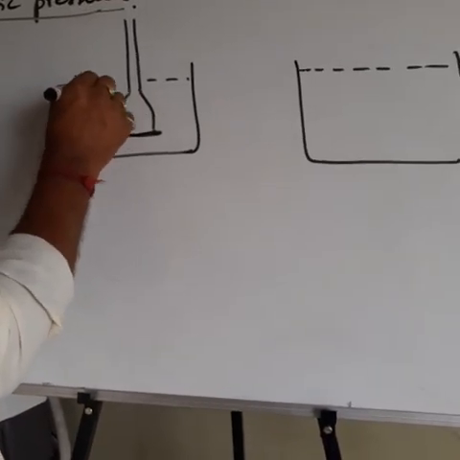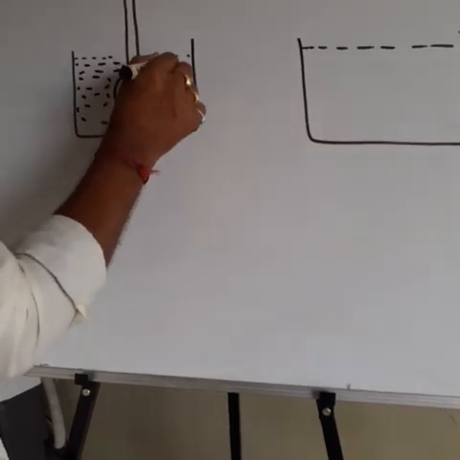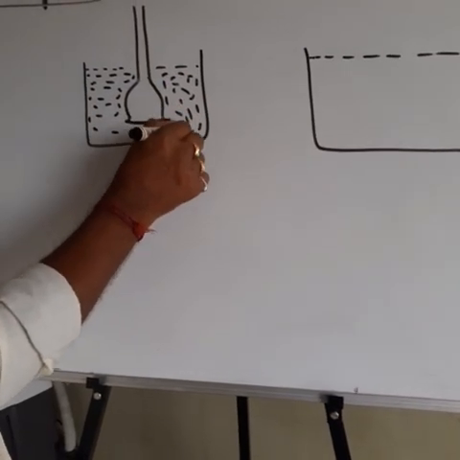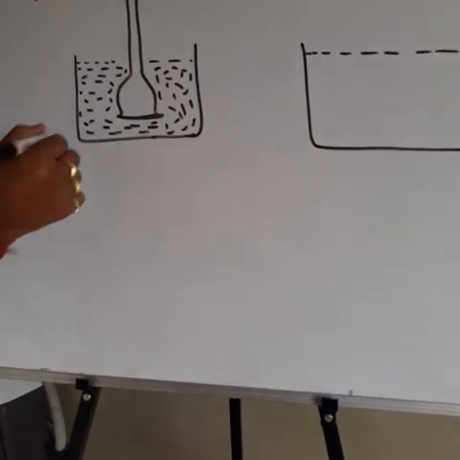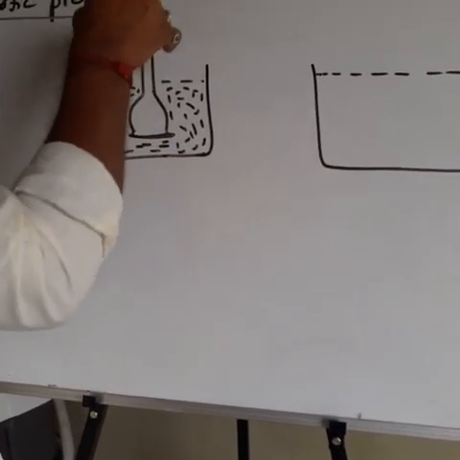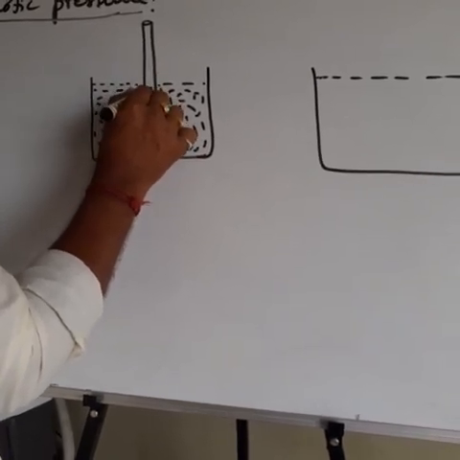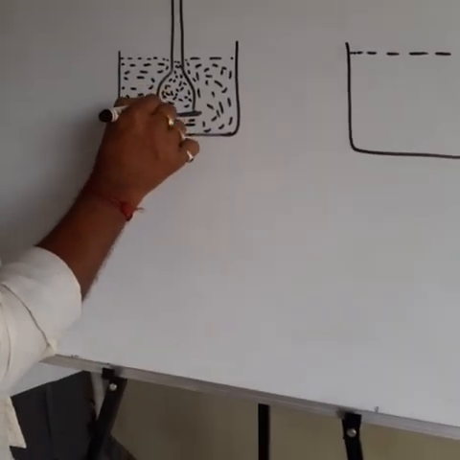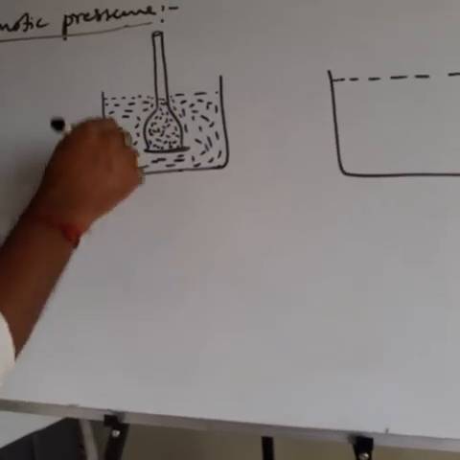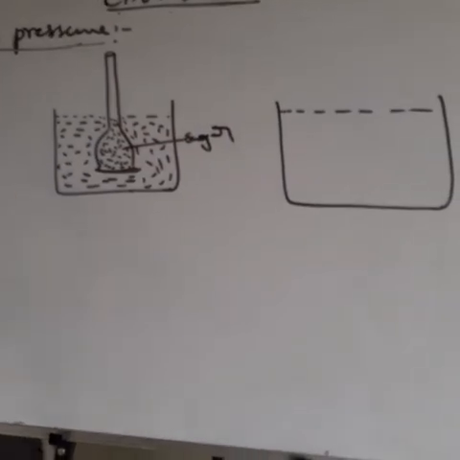In this beaker the remaining is water, solvent particles. Inside the thistle funnel, up to here, I am taking sugar solution. Or you could take salt solution. I am just taking sugar solution into this thistle funnel.